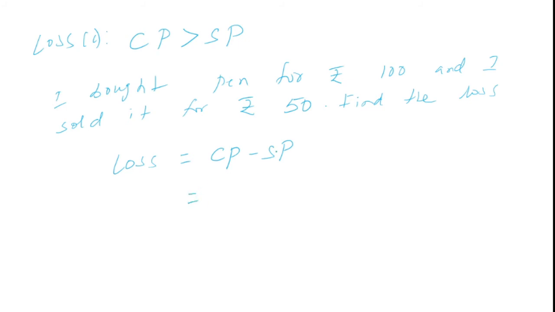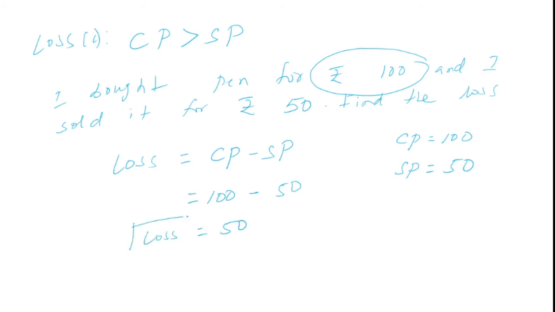My CP is 100 and SP is 50. So 100 minus 50 is 50. I got a loss of 50.